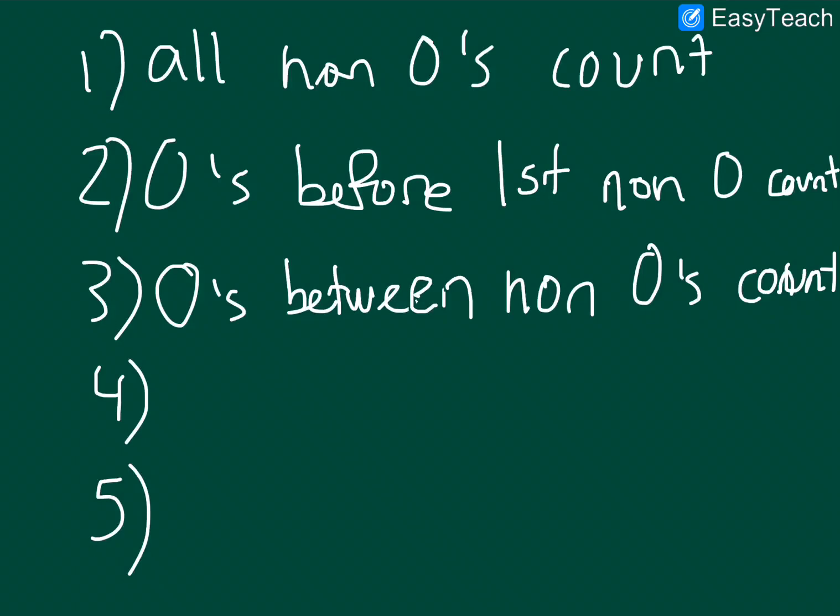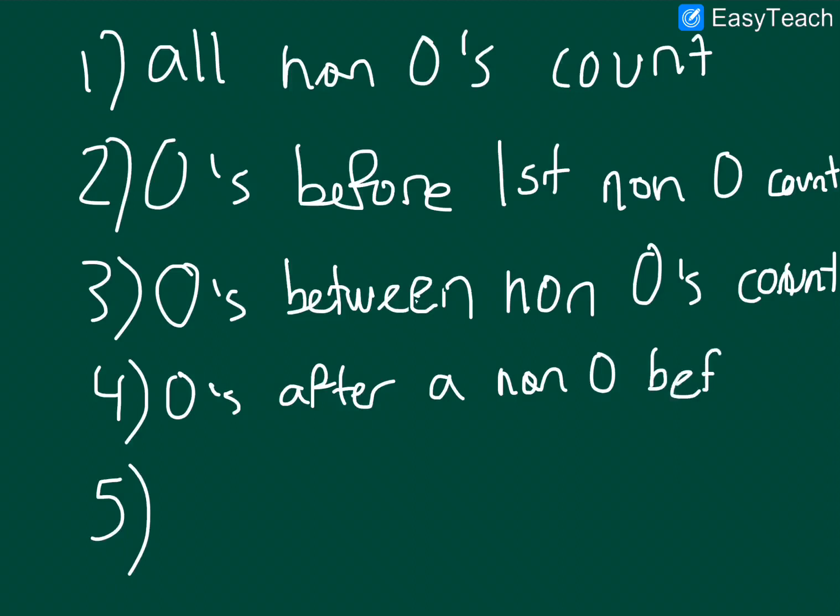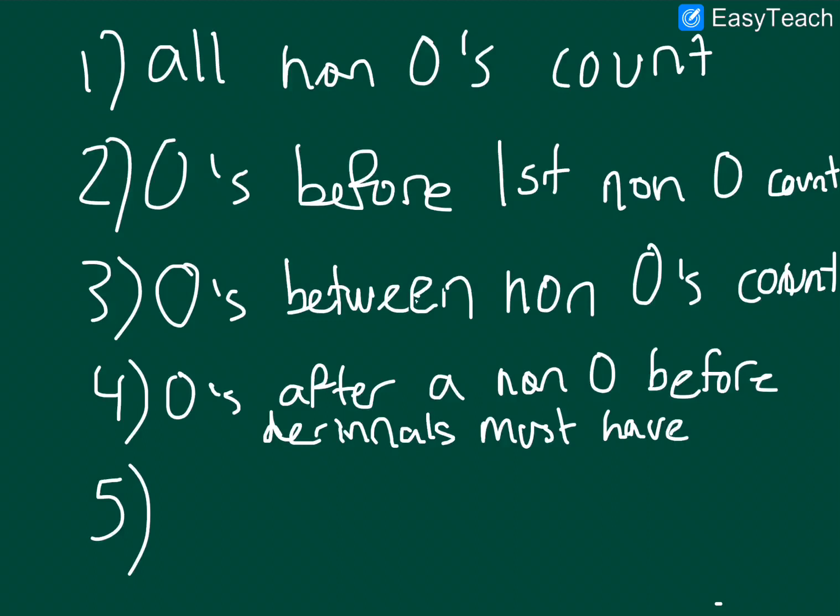And then number 4, zeros after a non-zero but before decimals must have a decimal to count. I'm running out of space, but that's just count, okay?